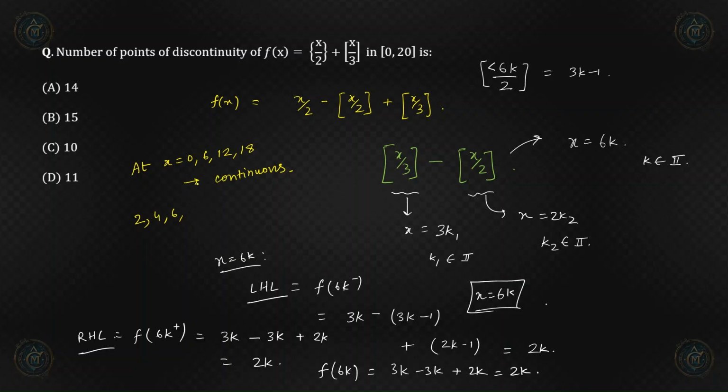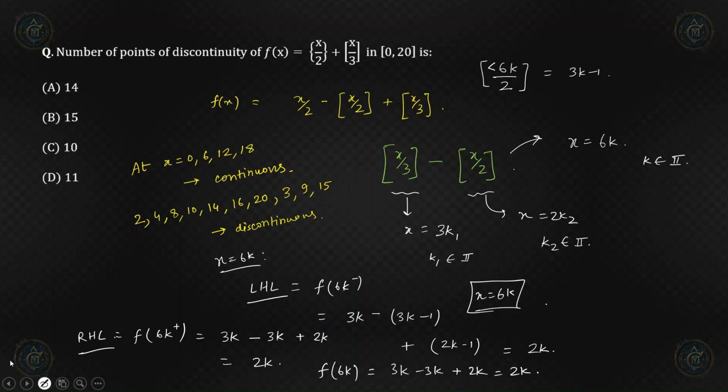So 6 is counted here, so 8, then 10, then 14, then 16, 20, and for x equal to 3k1, this becomes 3, 9, then 15. At these points the function is discontinuous.